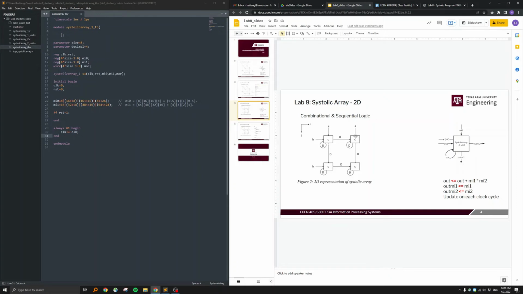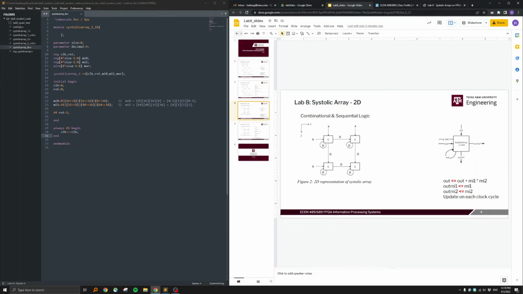We need to be careful about the timing so that the 4 entries of the A matrix can be fed in their corresponding cycle, and also the entries of B should be fed in at the correct timing as well, so that we get the multiplication result as we want, right?